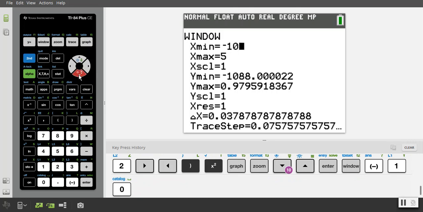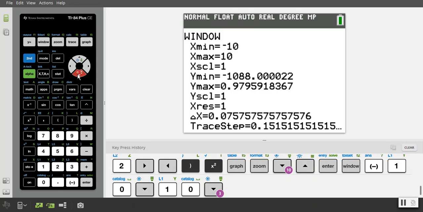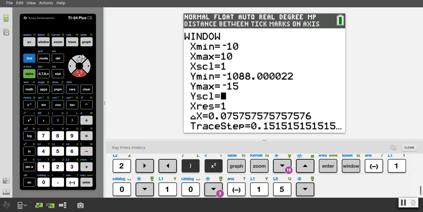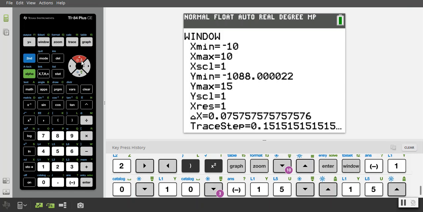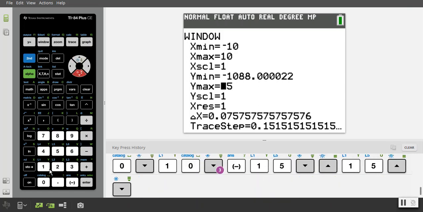All right, let's just do this. Negative 10, 10, and then negative 15, and we'll do 15 for the max. Actually, we might need to go higher than that. We'll just do 50 and minus 50.